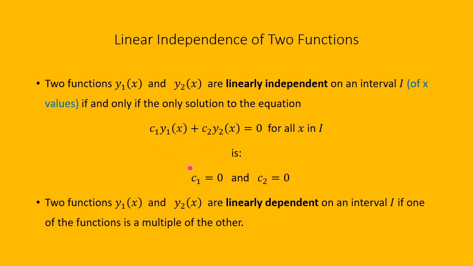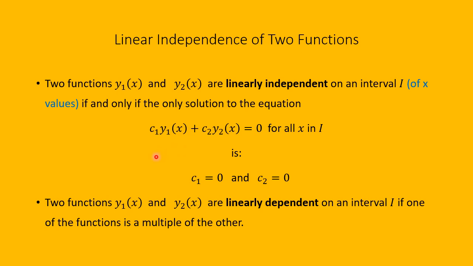If we look at the case where both of these are 0, 0 times y1 plus 0 times y2 is obviously the 0 function, and 0y1 plus 0y2 is called the trivial linear combination, or the trivial solution if we're talking about a homogeneous differential equation.